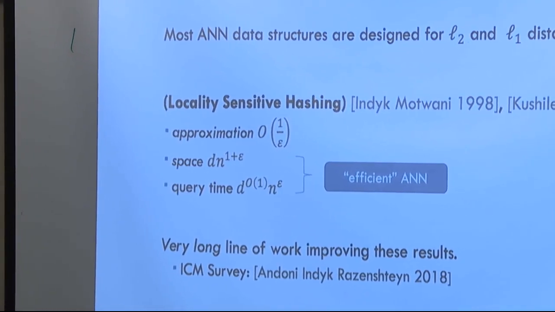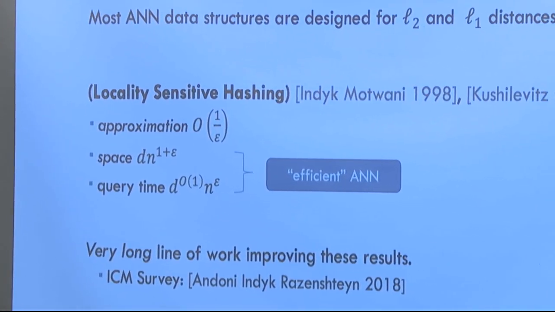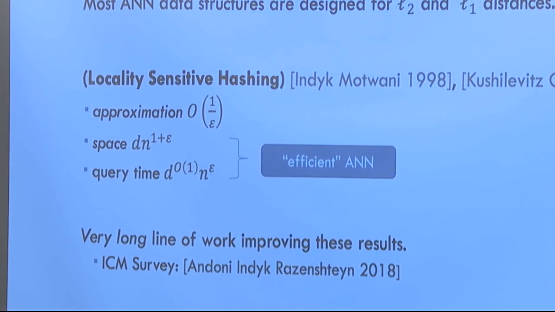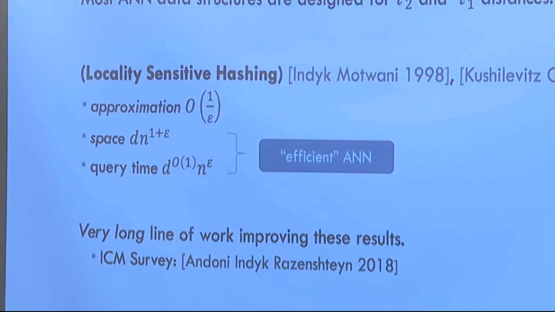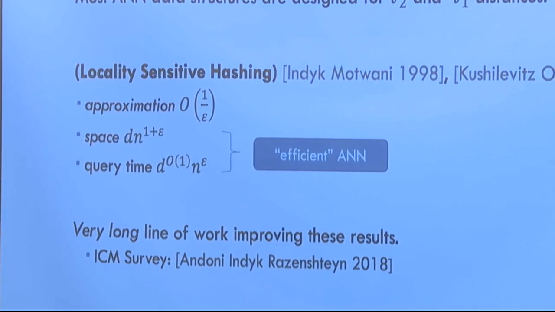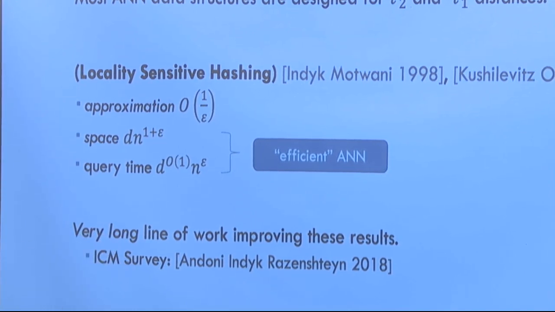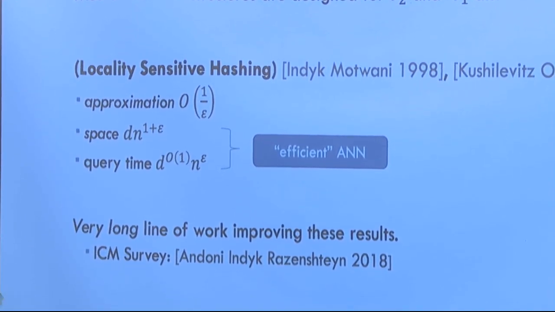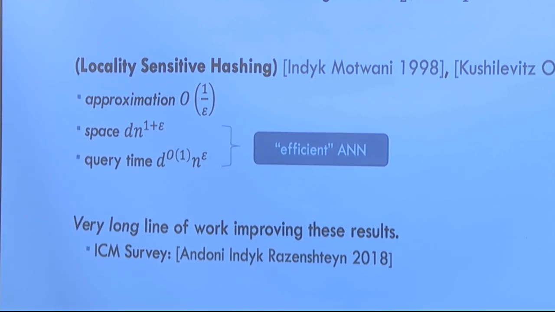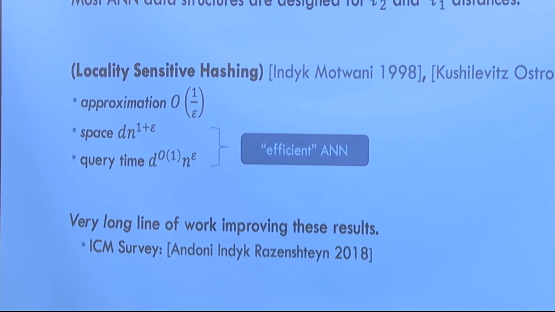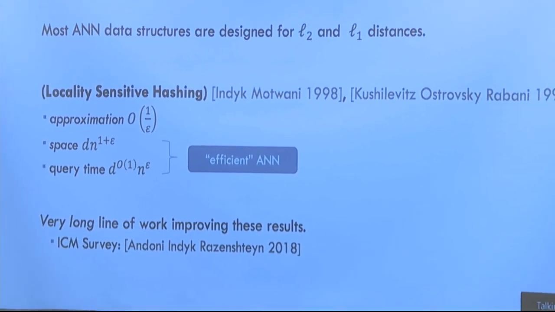Okay, so there's a long line of work improving these results in different dimensions. The most recent survey, still relatively recent, of the theoretical work in this space was from 2018. There's a nice survey by Alexandr Andoni, Piotr Indyk, and Ilya Razenshteyn that explains some of this big space of things that has been done here.